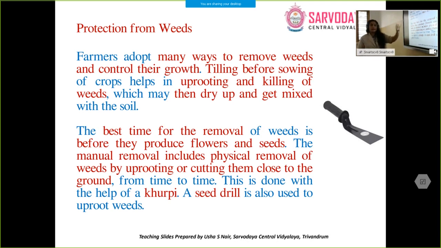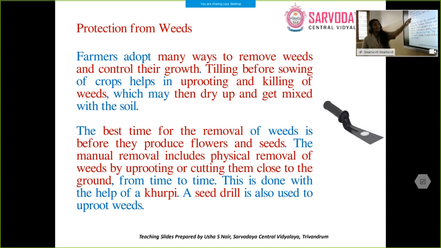Three ways. Sometimes they can ask, mention two ways how farmers have adopted the removal of weeds. There are some more points too. We can see which is easier, but it is better to learn everything and keep it.